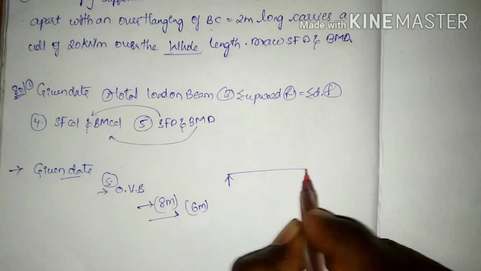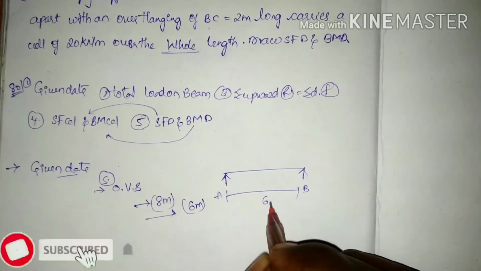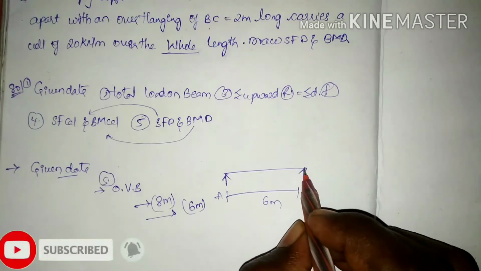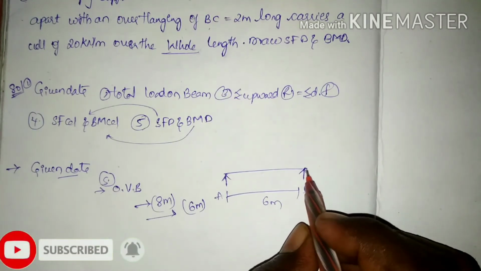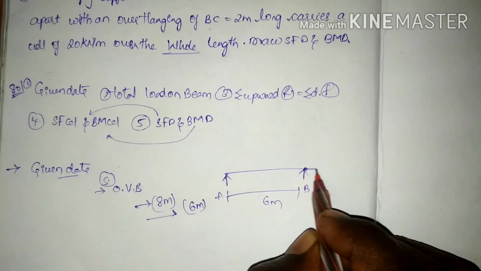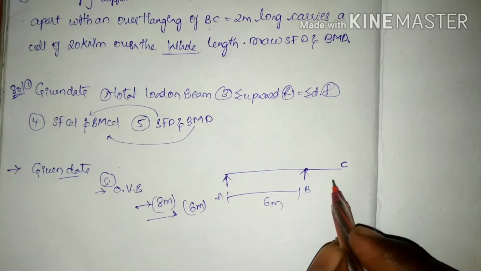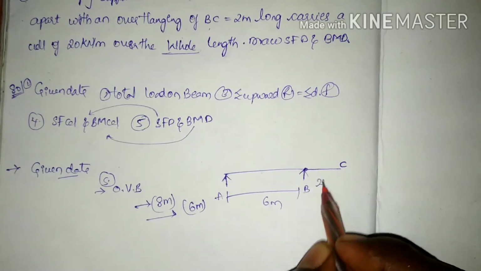Let A to B be 6 meters, and from B to C the beam extends beyond B, which is 2 meters.